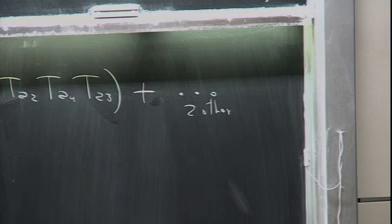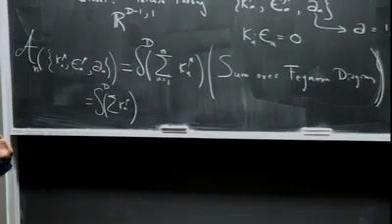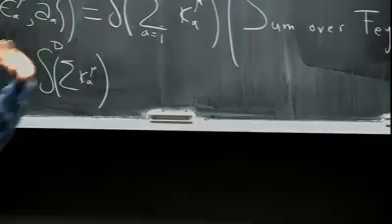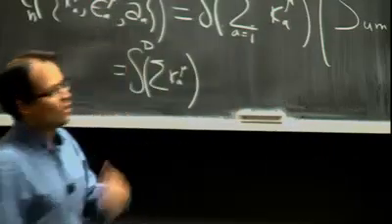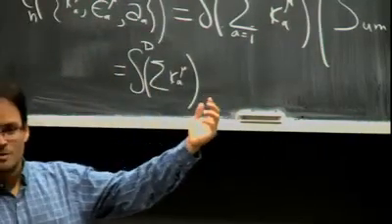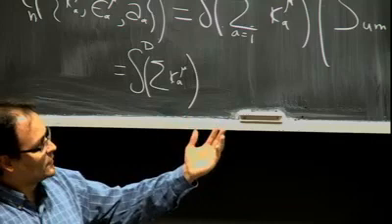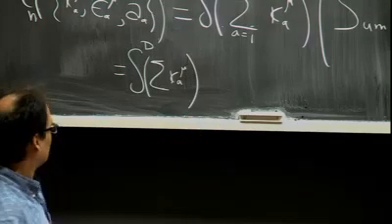Now what I'm going to do is to say that I'm going to collect everything, the contribution from all the Feynman diagrams, not according to their topology or according to the kinematics, but according to the trace structure.